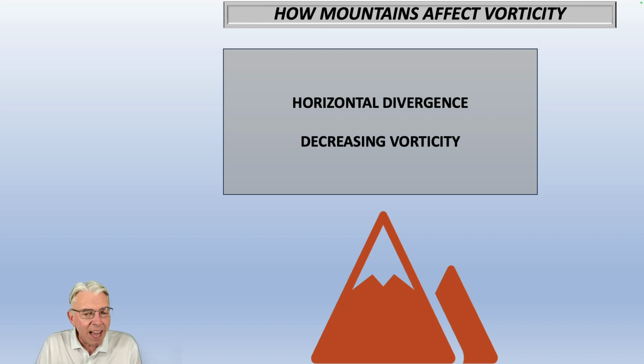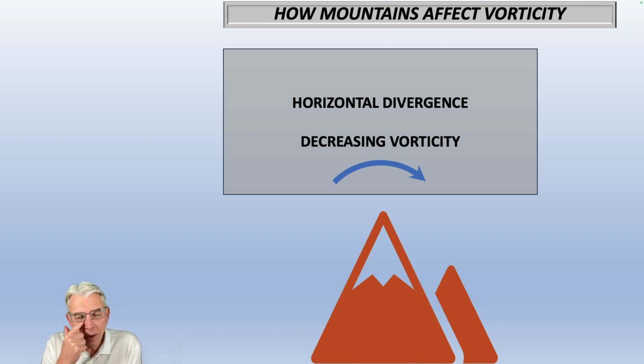So when that happens, think of the example of the skater, where if they pull their arms in tight to themselves, then they spin faster and faster. Well, by the same token, if they spread their arms out and they diverge horizontally, that's going to make them spin slower. So this effect that the mountain has on this air column actually decreases vorticity, and the isobars start to bend anticyclonically.